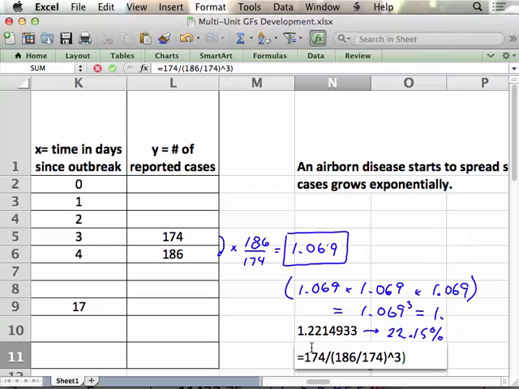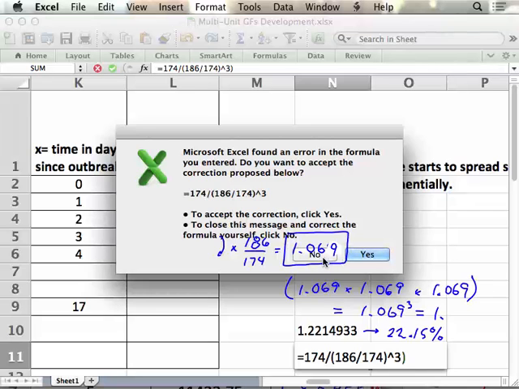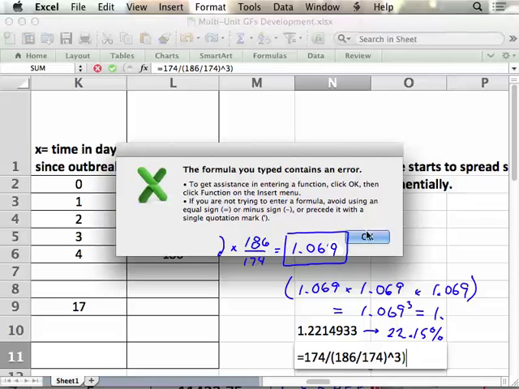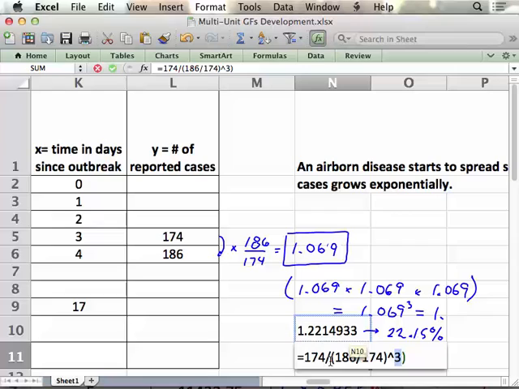So let's put another set of parentheses just to make sure. There we go. So I took the 174, and instead of multiplying it by the growth factor, now I'm dividing it by the growth factor, and that 3 times to get me back to day 0. Do you see it?